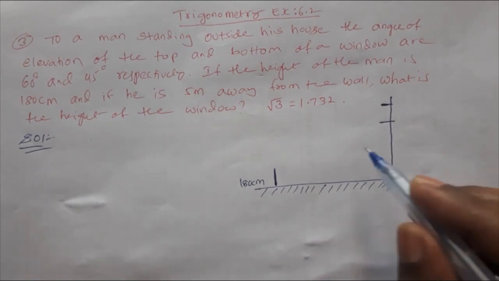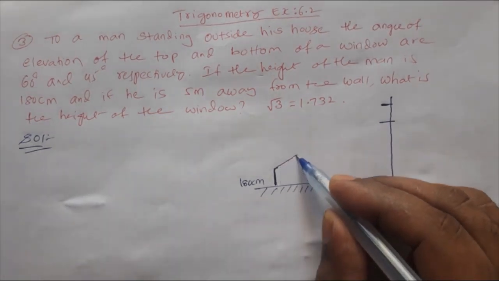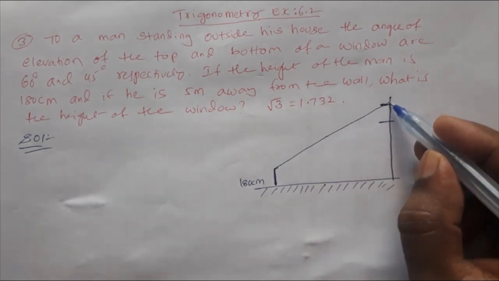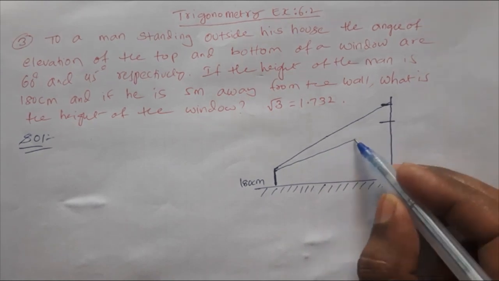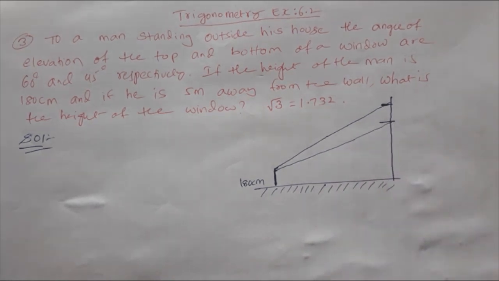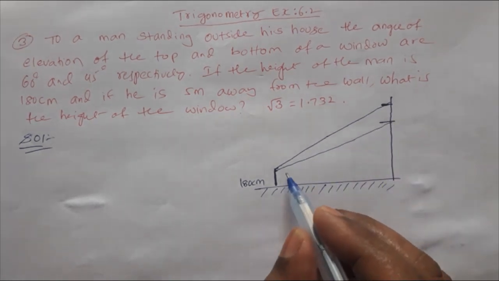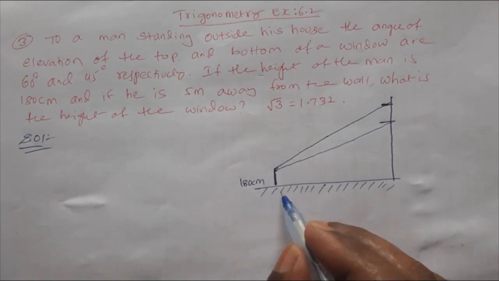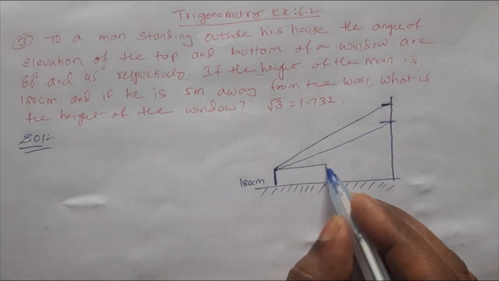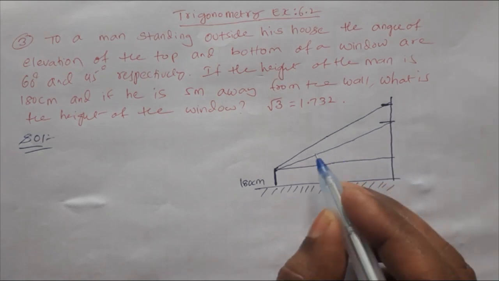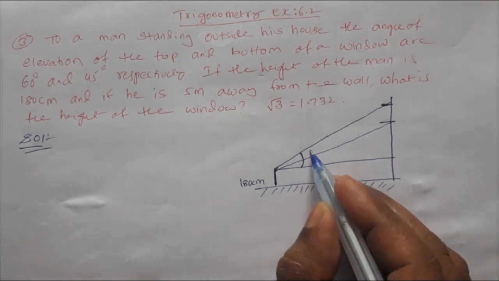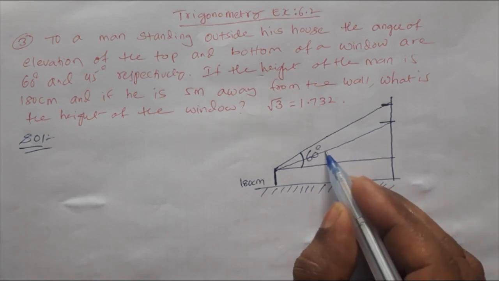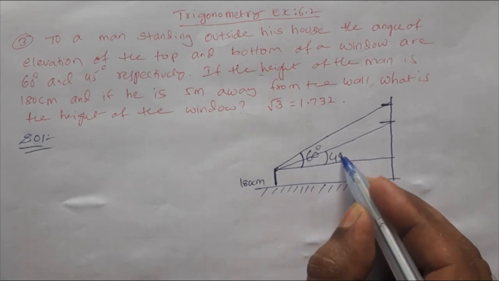Now the angle of elevation of top and bottom both are given. From here you draw one line parallel to the ground. Angle of elevation of top of window is 60 degrees. Bottom is 45 degrees.